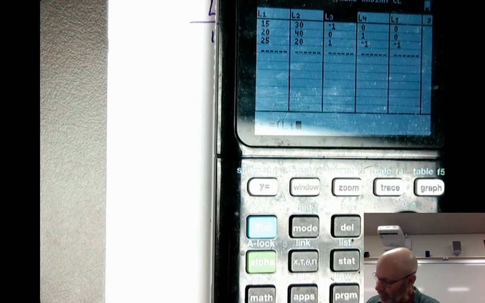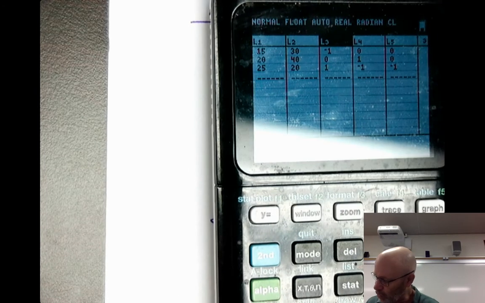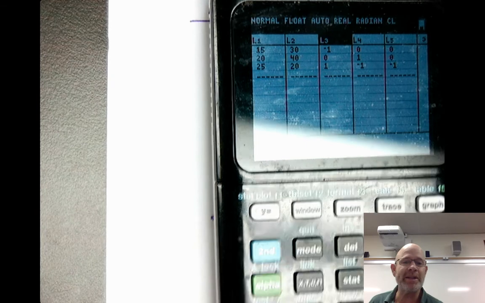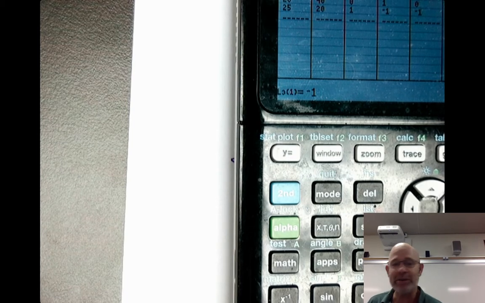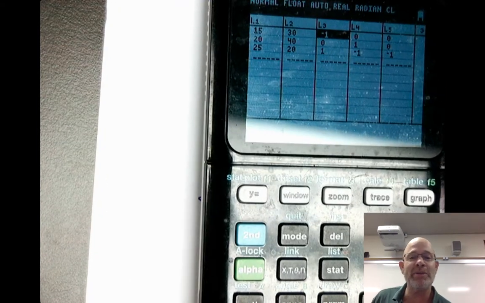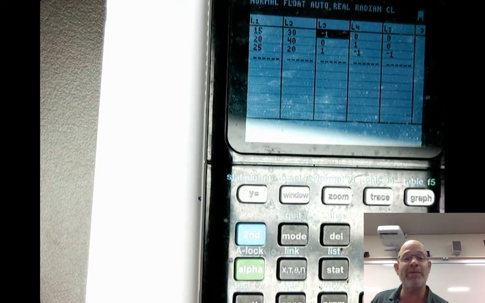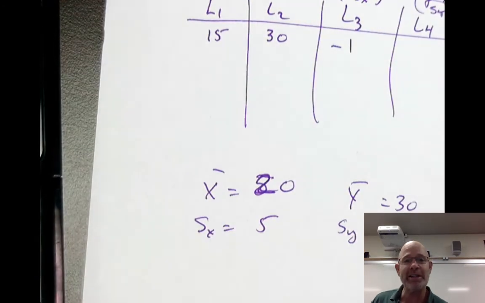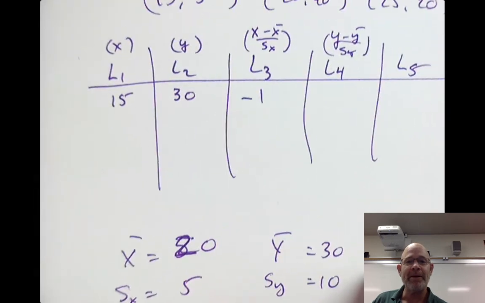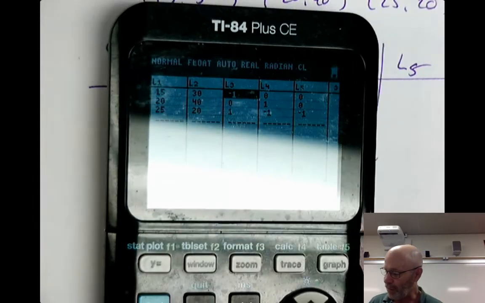List 1 minus the x average, which was 20. Close those parentheses, and then divide that by the 5, which was the standard deviation. I do that, I'm going to get new numbers in my list. Actually, not new numbers because I've already done this on the calculator, but there they are, negative 1, 0, 1. So I'm going to go back to here and put in negative 1 so I can see the first one.